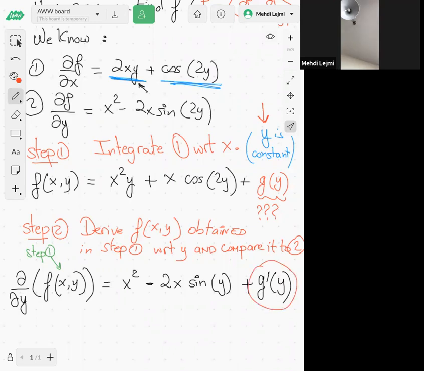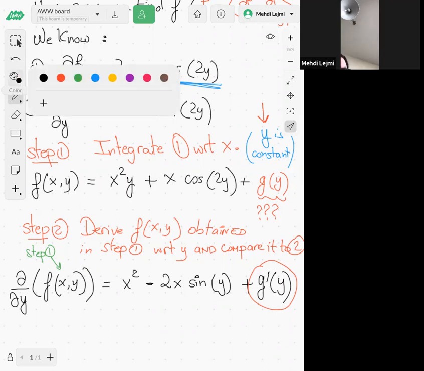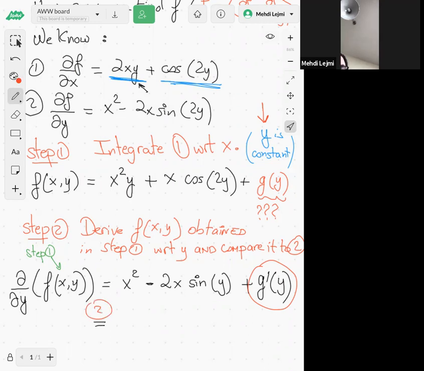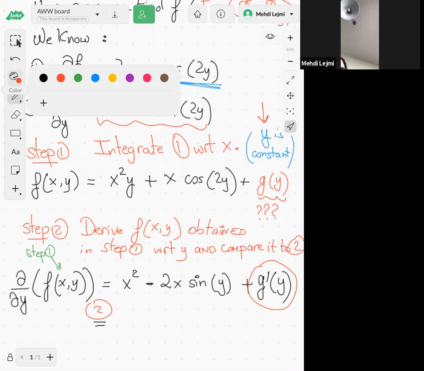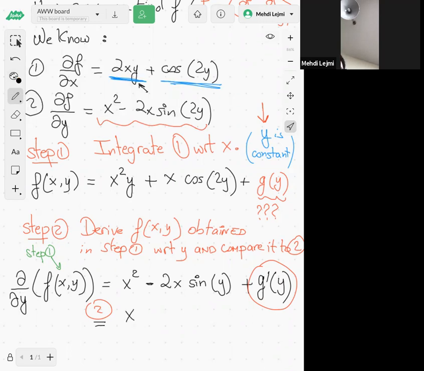So this is supposed to be the derivative of my function f with respect to y. Now we need to compare it to equation number 2. By equation number 2, we know this is supposed to be equal to x squared minus 2x sine of y. Okay.